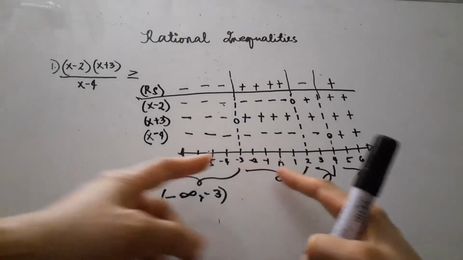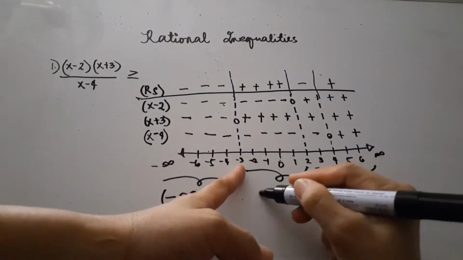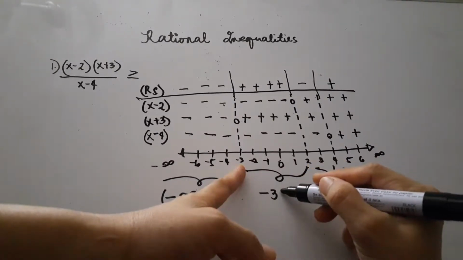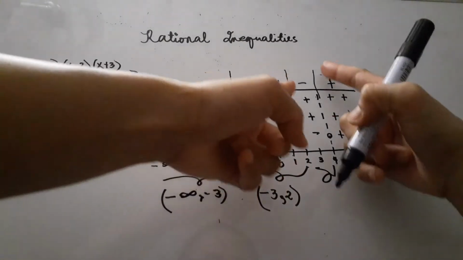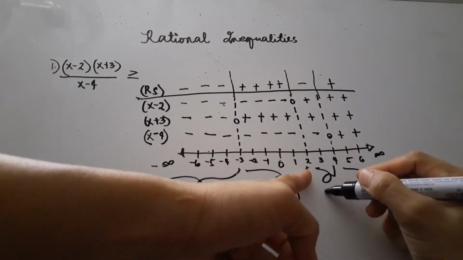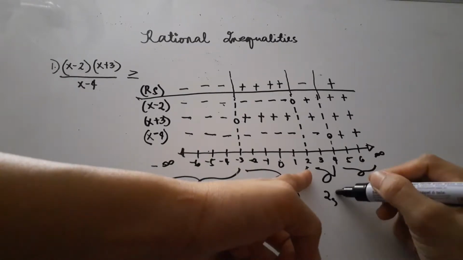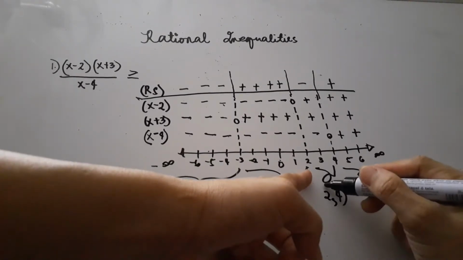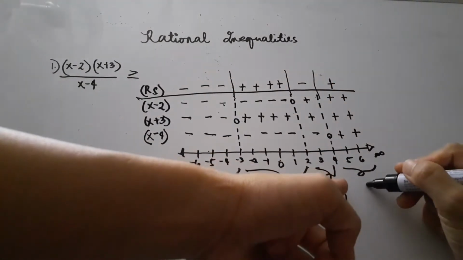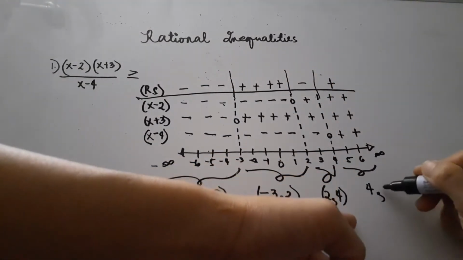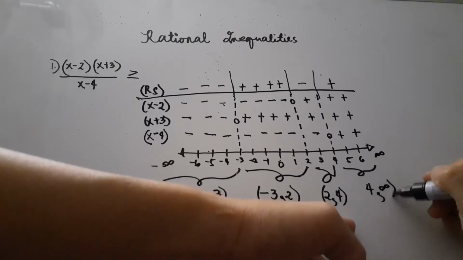And then in this section, negative 3 and positive 2. And then in this section, we have 2 and 4. And then in these sections, we have 4 and positive infinity. So we have 4 intervals.